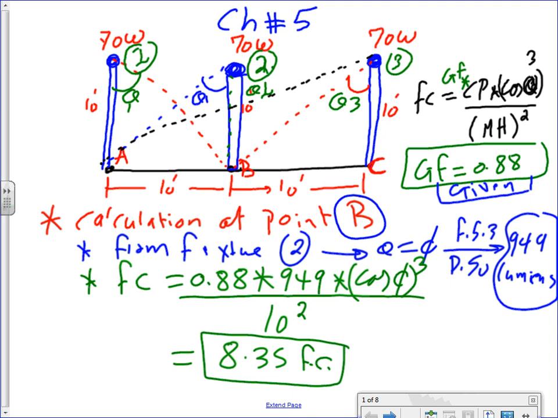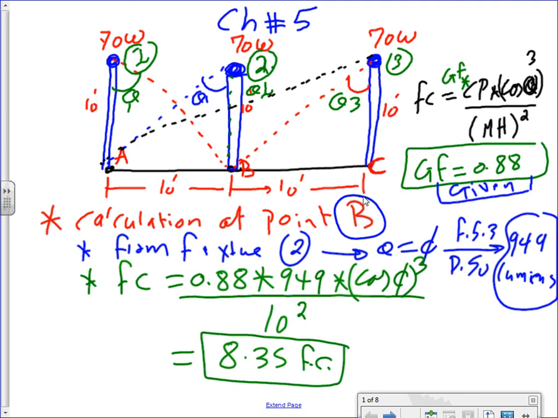What does that mean? It means you don't need to do the calculation for fixture 3. It's identical to fixture 1. So the foot candle contribution from fixture 1 to point P is identical to the contribution of fixture 3 to point P. Okay?